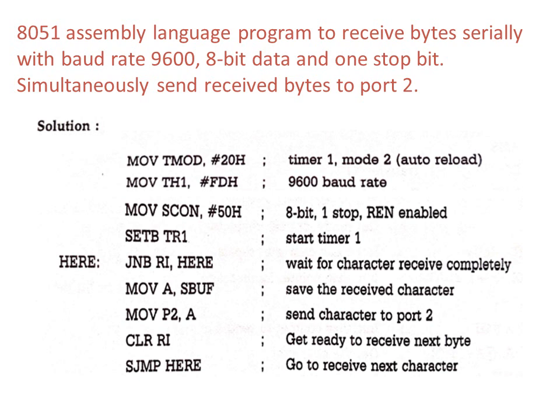After that, CLR RI clears the receive interrupt flag, and short jump to HERE, to the place labeled, that is JNB RI, HERE. Wait for the next character to be received completely and follow the next steps to receive the next data.